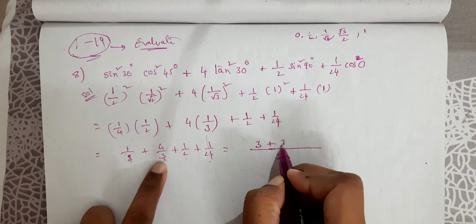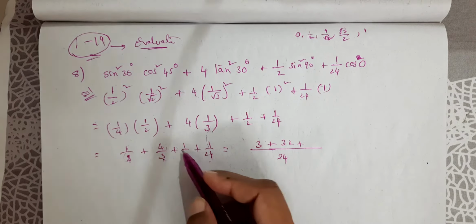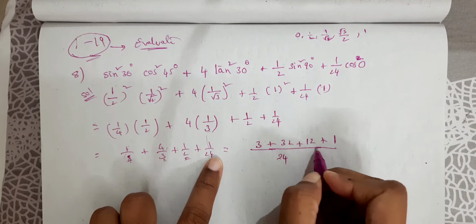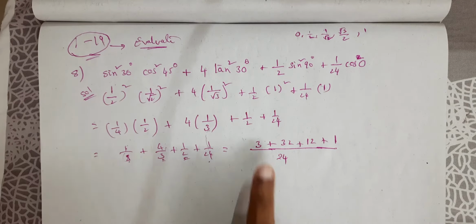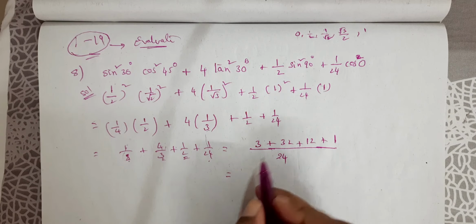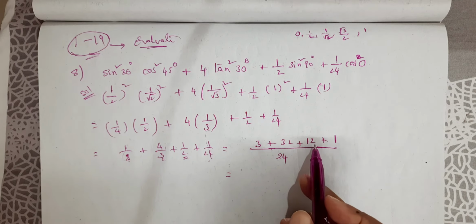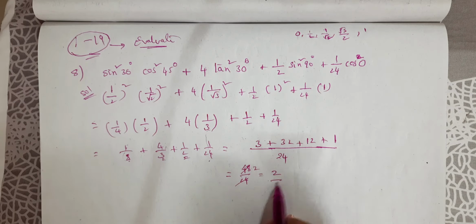So 4 8s are 32, plus we have only 2 here, 2 12s are 24, so 12 into 1 is 12, plus 1. You have 24 in the denominator, here also 24, so no change. So 3 plus 32 plus 12 plus 1, which is equal to 3 plus 32 is 35, plus 10 is 45, plus 2 is 47, plus 1 is 48 by 24, which is equal to 2, since 24 goes 2 times.